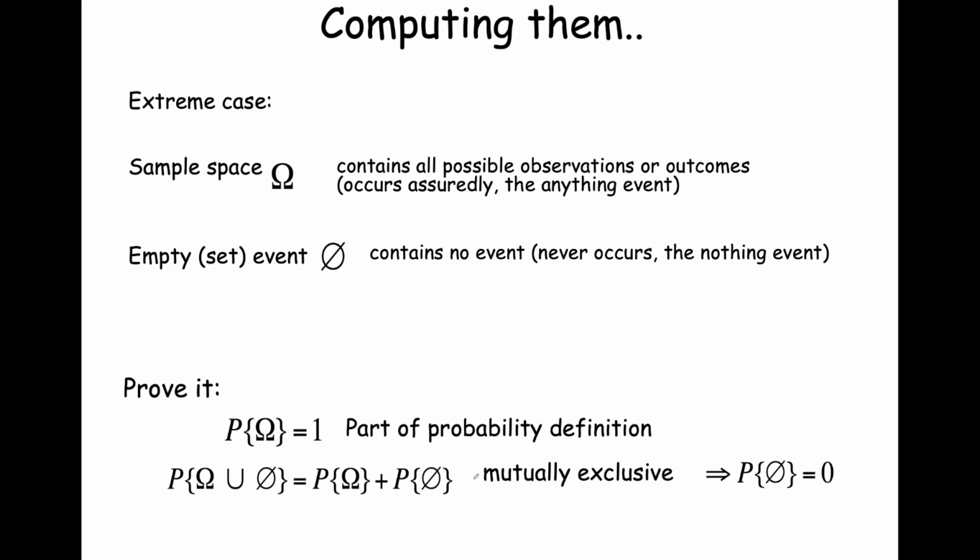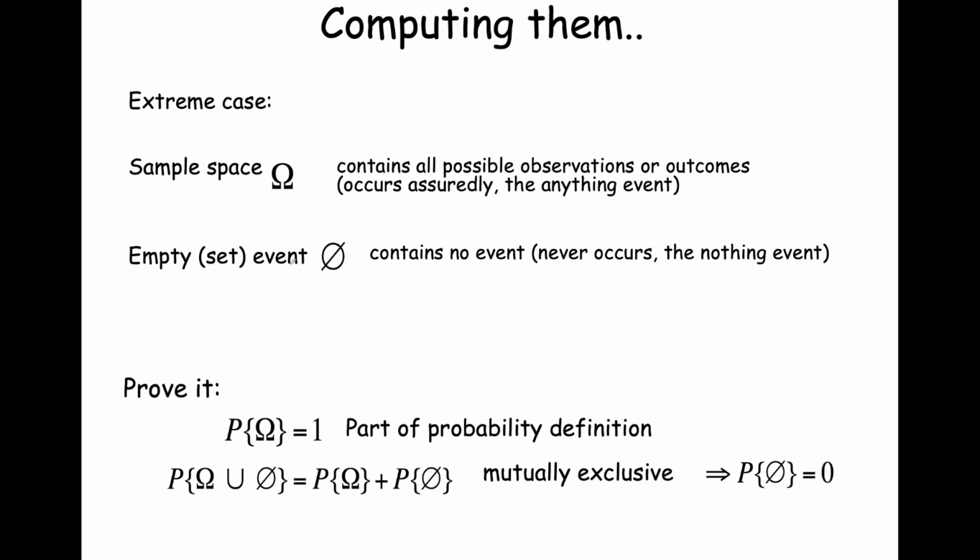If we have sample space omega, that's all possible outcomes or events. If we have the empty set, that's no events. And so the probability of the anything event is 1. That's part of the definition of what it means to be a probability. The probability of the anything event union with the null event, well, what's that?